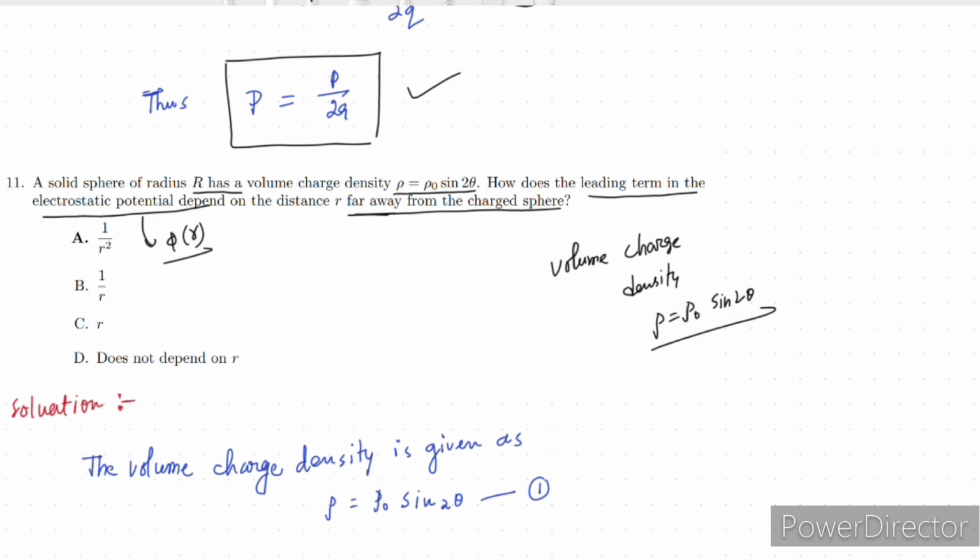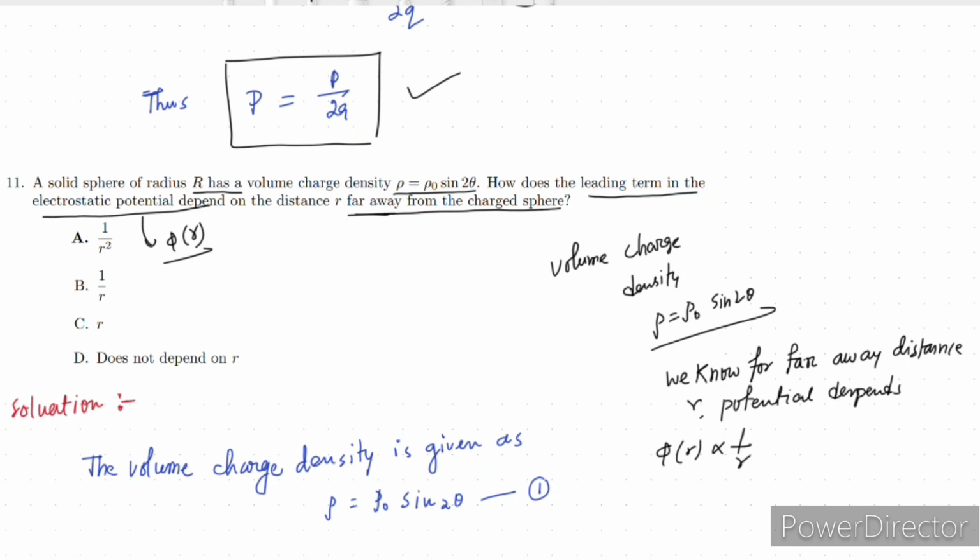That is very important. We know that for a far-away distance r, the potential phi of r is inversely proportional to 1 by r if a monopole exists.